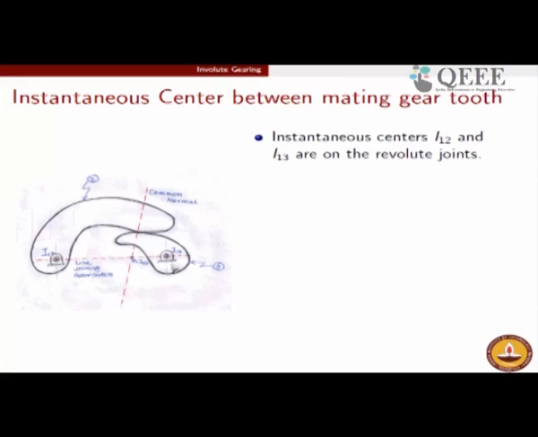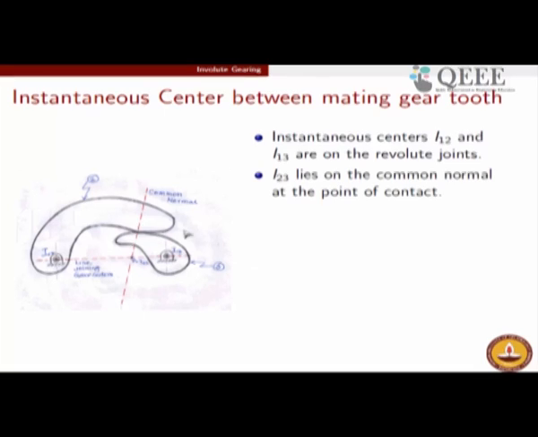Similarly, I13, the instantaneous center between body 3 and body 1, the frame, is exactly the revolute joint which connects these two bodies. So, I13 is located here, I12 is located there where I am pointing my mouse. These two instantaneous centers are easily determined.